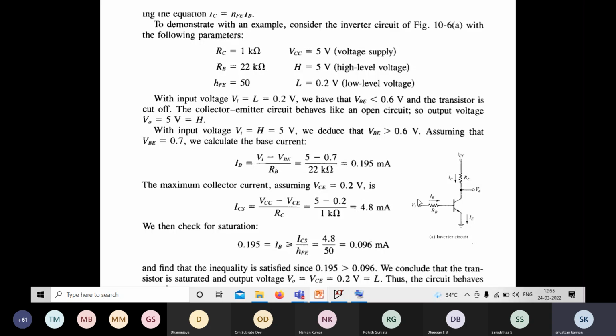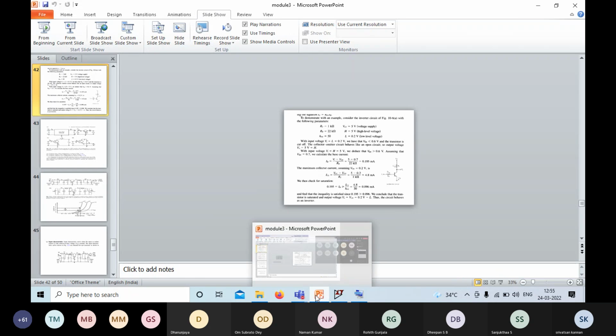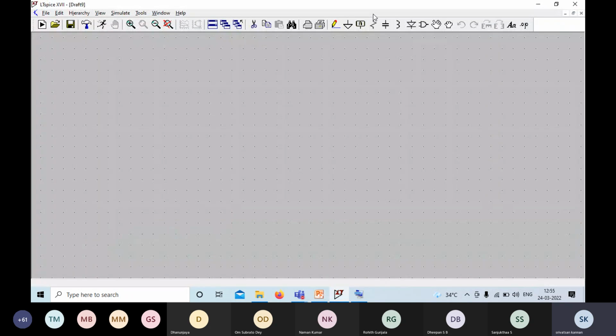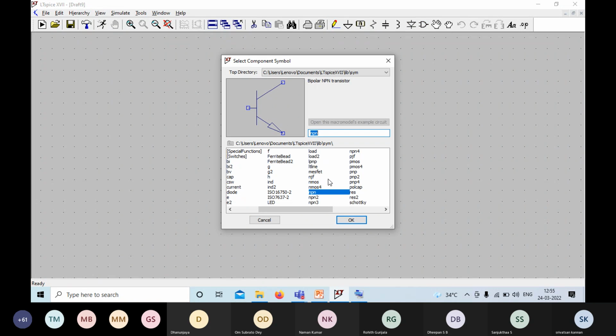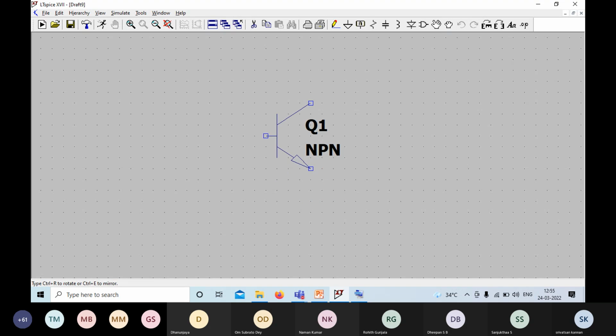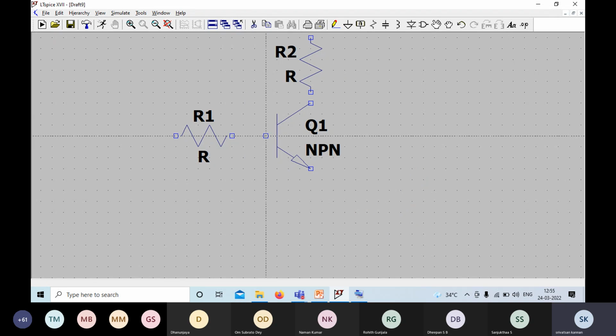So construct this circuit now. You require a transistor for the switch. Let's take an NPN transistor and connect this single wire.